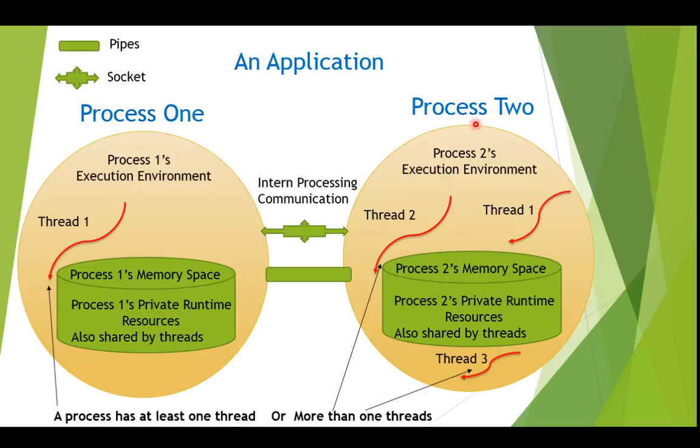These two threads share the same memory space. And an application can have more than one process, and they communicate with each other using interprocess communication, by using pipes and sockets.